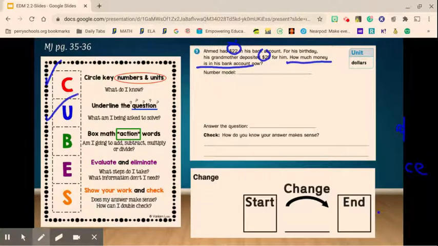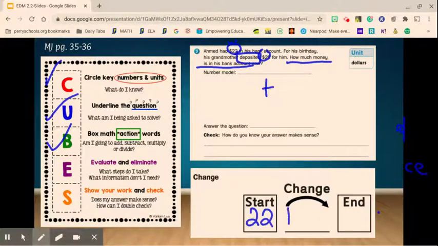Box in the math keyword. There's one math keyword in here, and it's not on our list, but it is one that's really important. Deposited. Deposited means she added money to the account. So I know that I'm going to have to add this money together. So he started with $22.